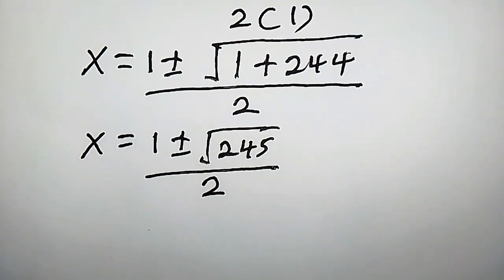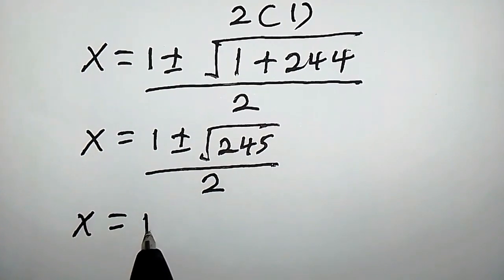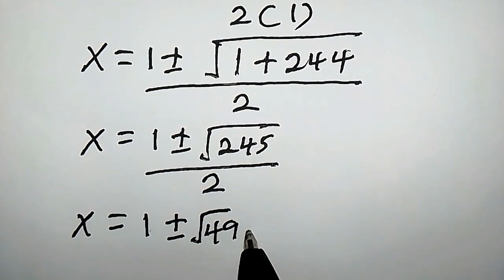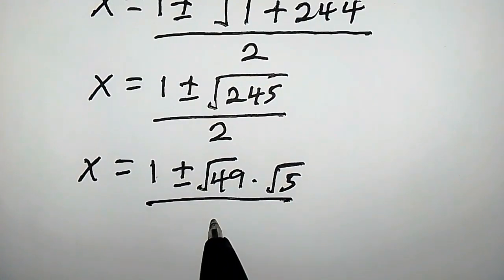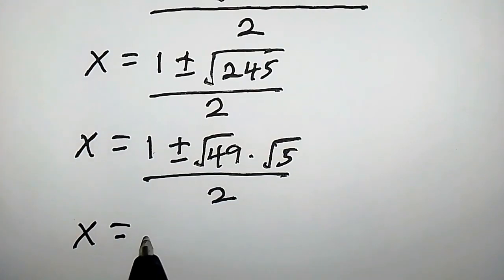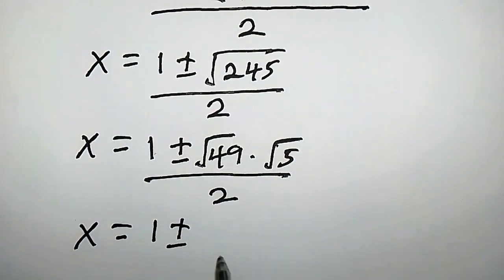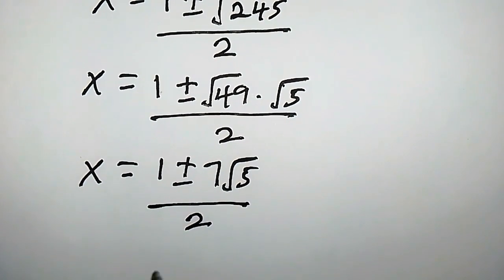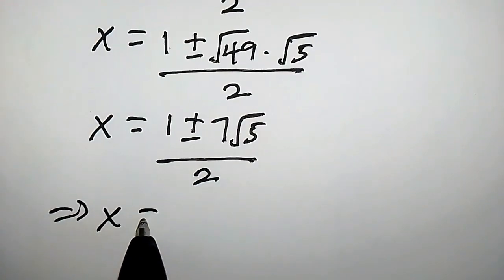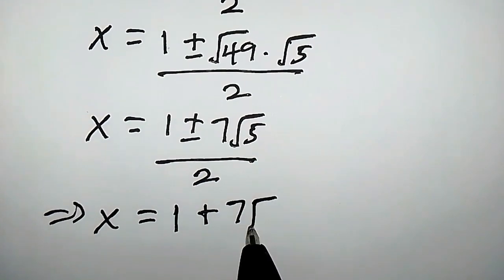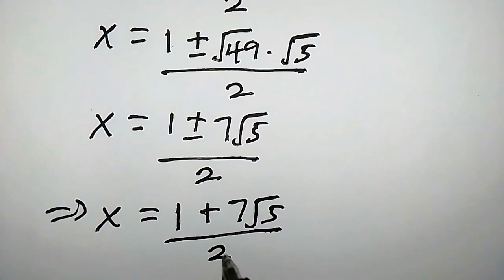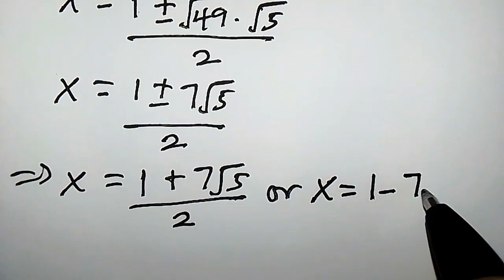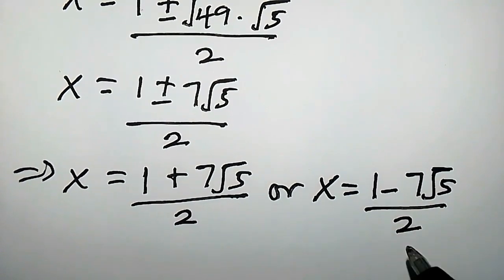Let's proceed further. x is equal to 1 plus or minus square root of 245, which could be written as square root of 49 times square root of 5, divided by 2. So x is equal to 1 plus or minus square root of 49, which is simply 7, times square root of 5, divided by 2. This implies that x is equal to 1 plus 7 root 5 divided by 2, or x is equal to 1 minus 7 root 5 divided by 2.